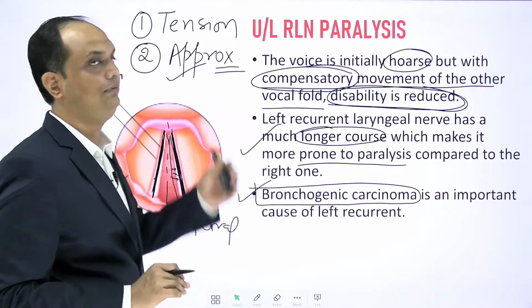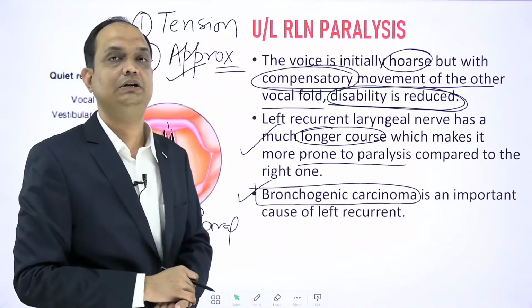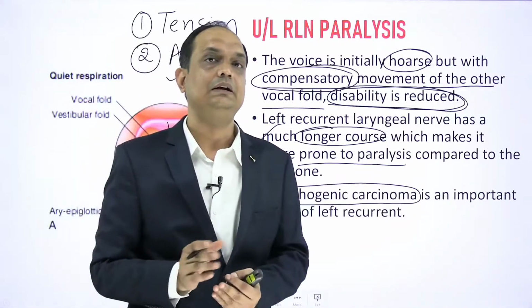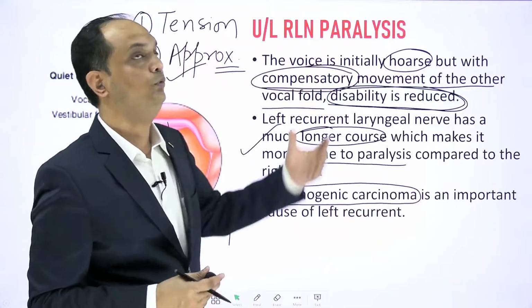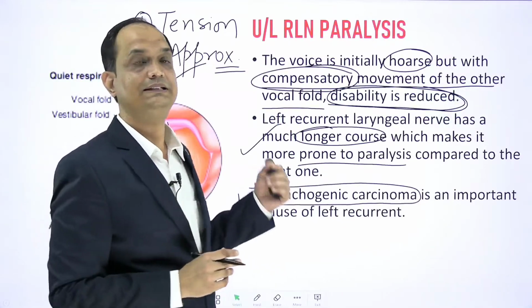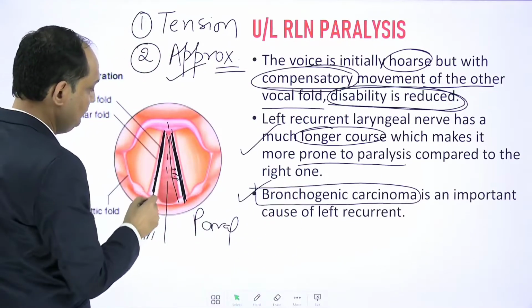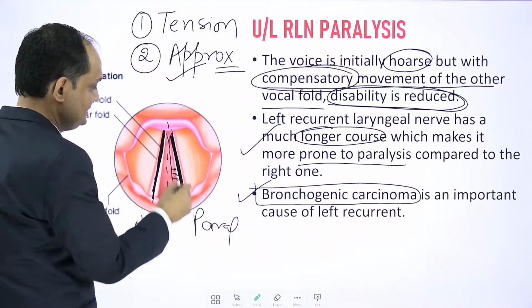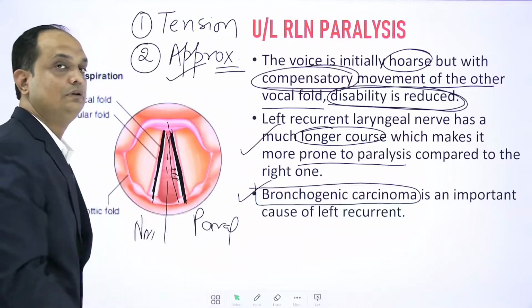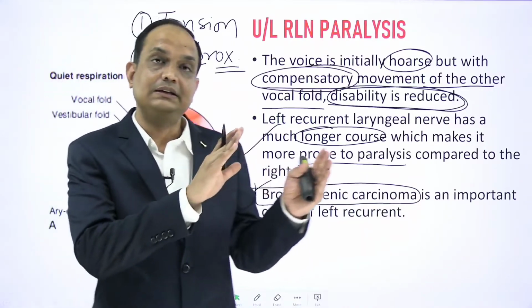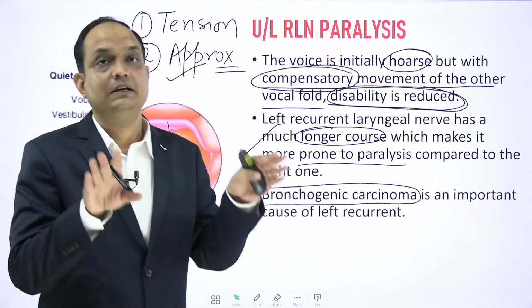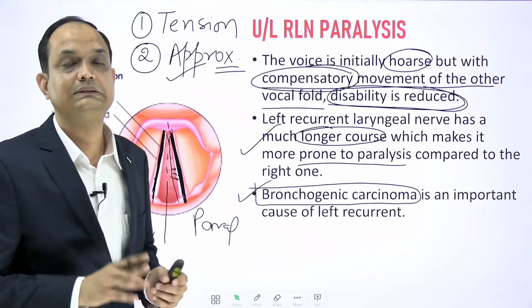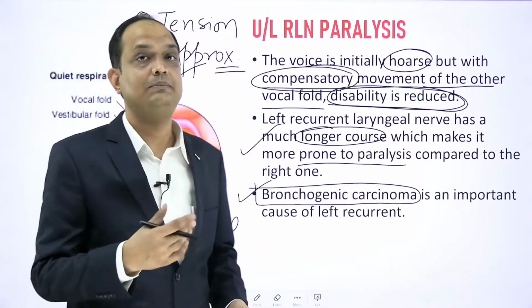So in unilateral recurrent laryngeal nerve palsy, you have to understand the term compensatory movement of one vocal cord. That means this normal vocal cord crosses the midline and approaches this paralyzed vocal cord, which is on the opposite side. So once this compensatory movement takes place, approximation of the vocal cords occurs and the voice disability is reduced with time.